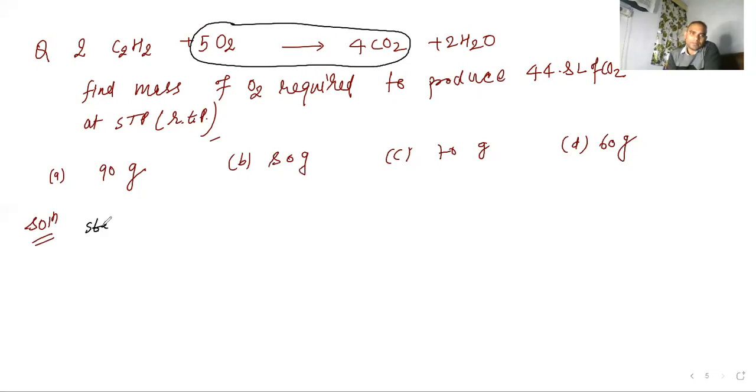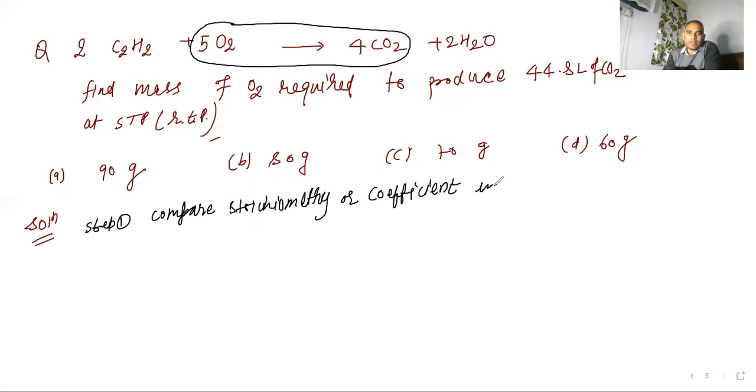Step one: compare stoichiometry, or you can write coefficients in the equation, according to the equation. 5 mole O2 produces how many mole CO2? 4 moles CO2.